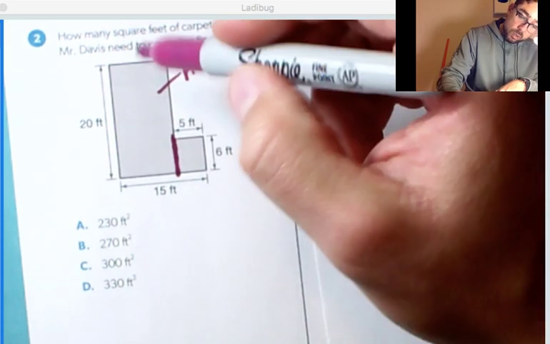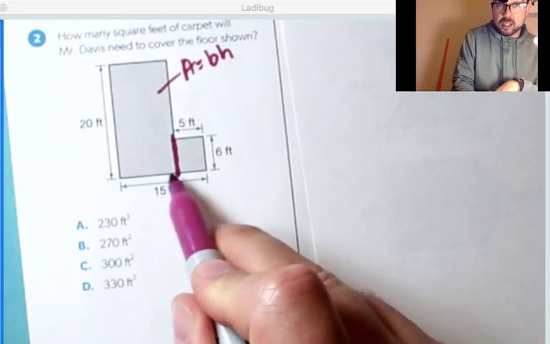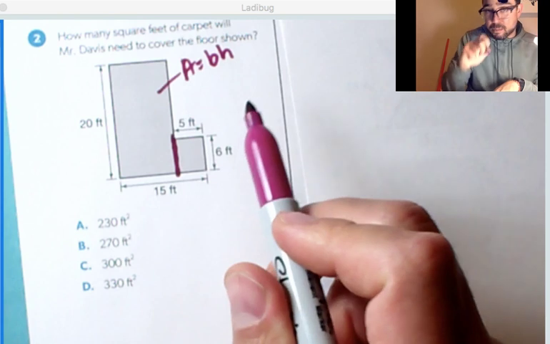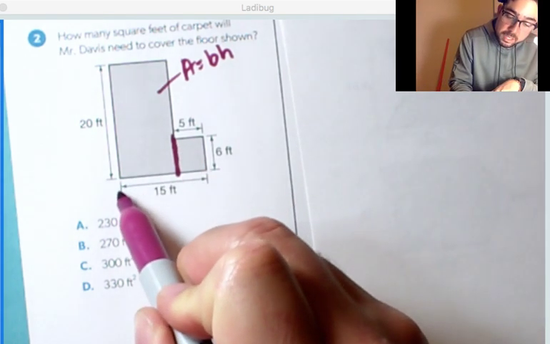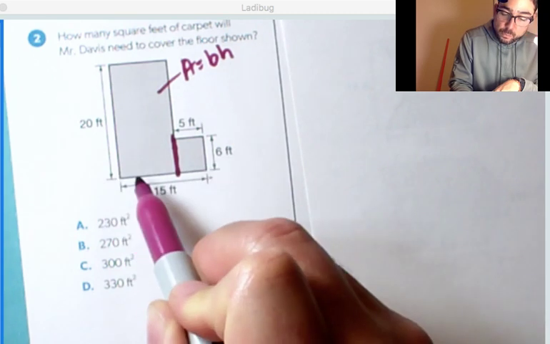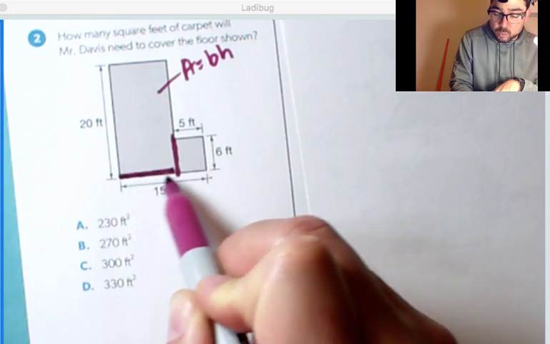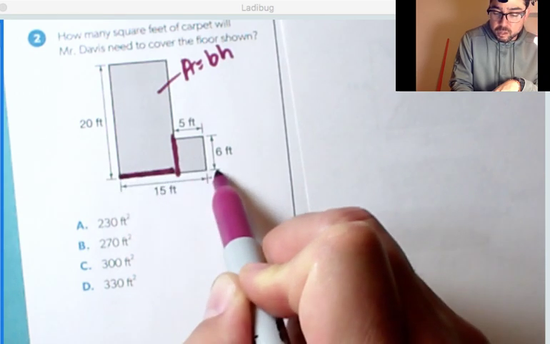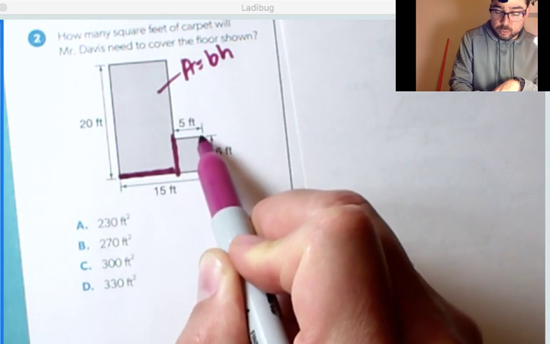We can't tell the base directly because this entire base is 15. A lot of you guys make mistakes by going through it quickly and just seeing the 15. You have to realize that that 15 measures the span of both of these figures. So I have to figure out the difference between this and the entire thing. The entire thing is 15. I know from here to here is 5. I'll find the difference, which is 10.